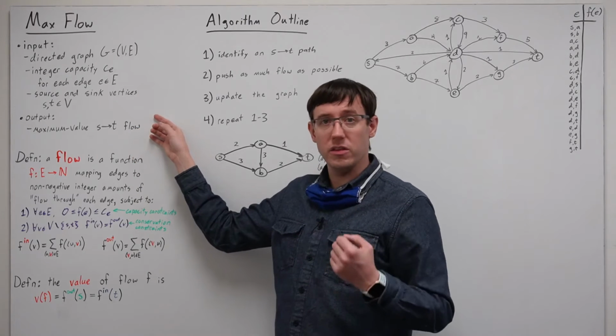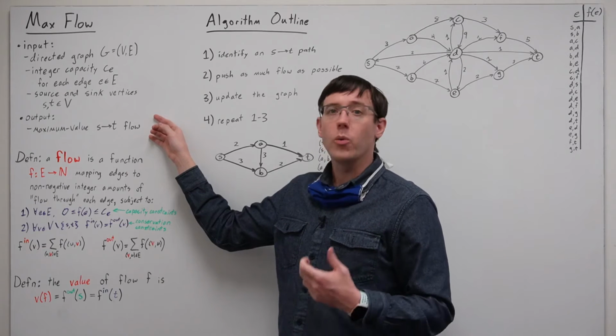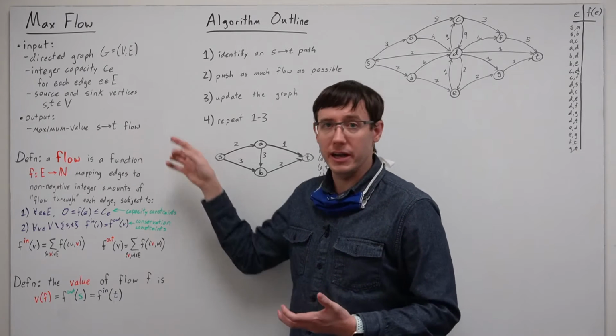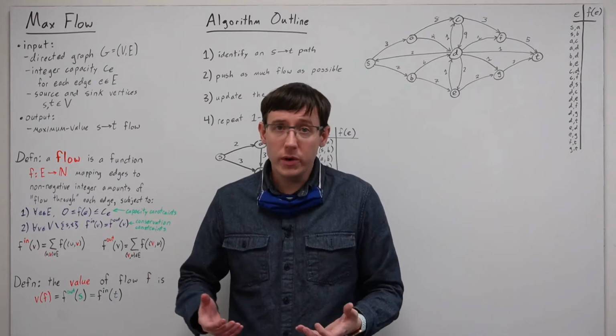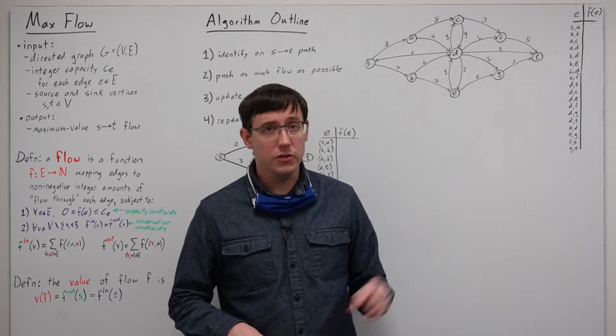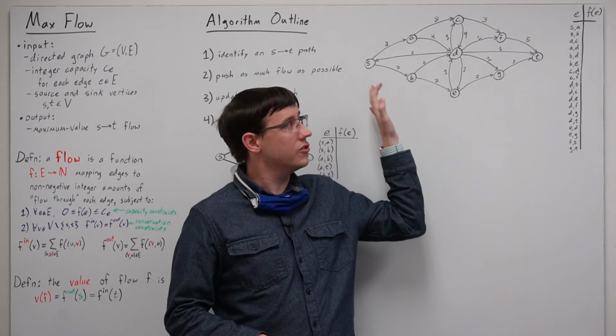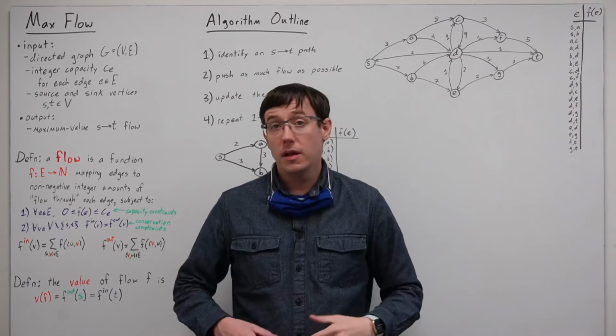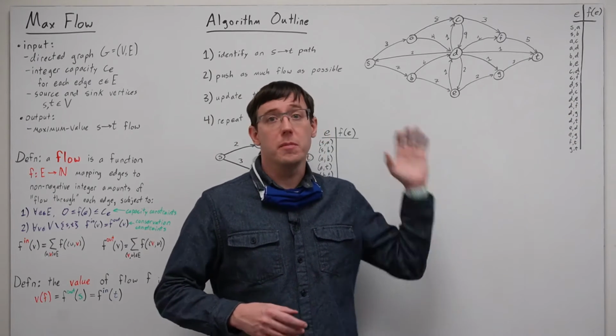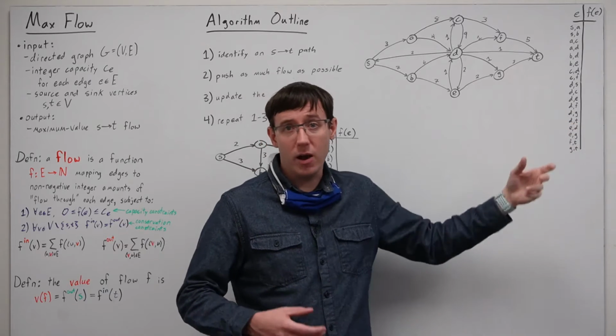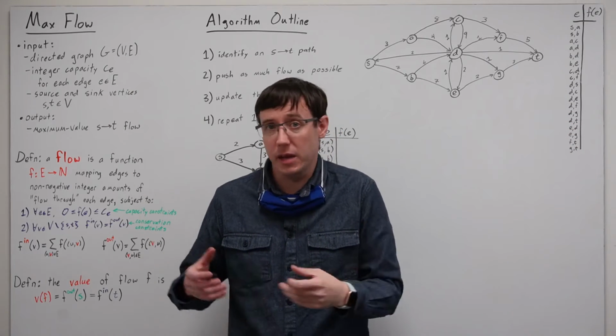To understand this output that we're looking for, we should formally define a flow. Intuitively, a flow corresponds to some amount of water that we are sending from S to T, and the maximum flow would be the most water we could send without exceeding the capacity of any pipe.